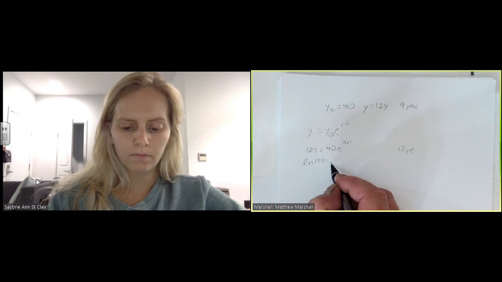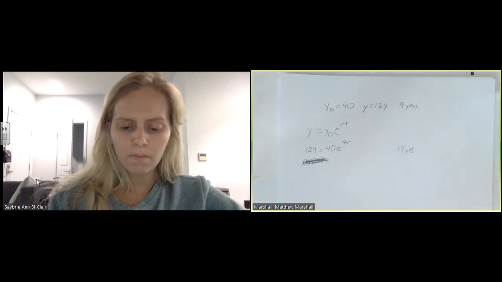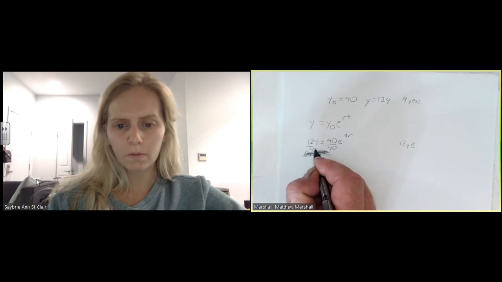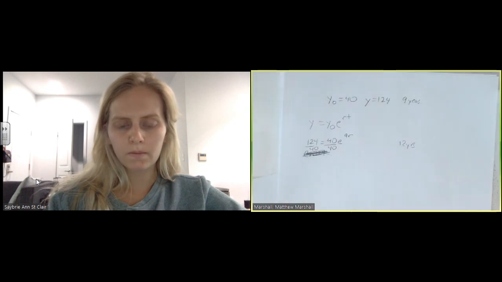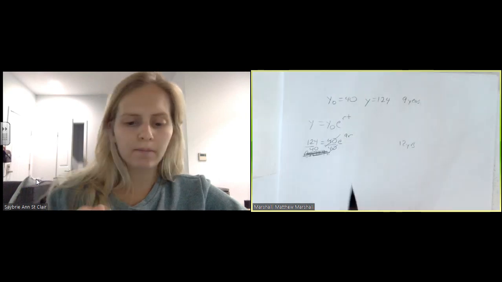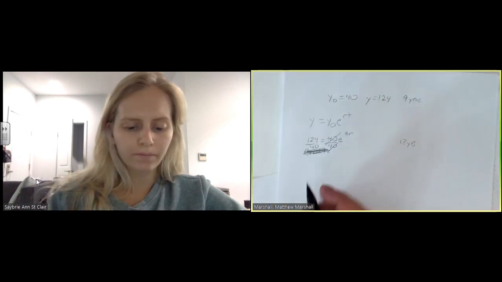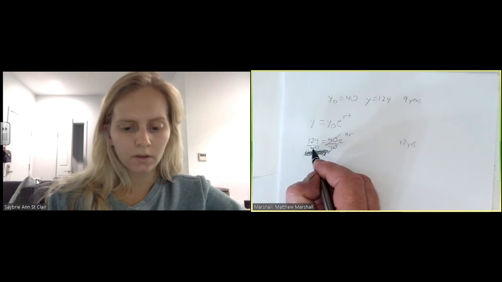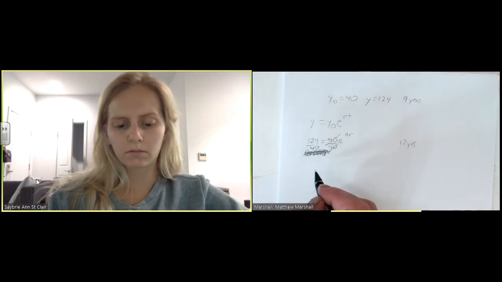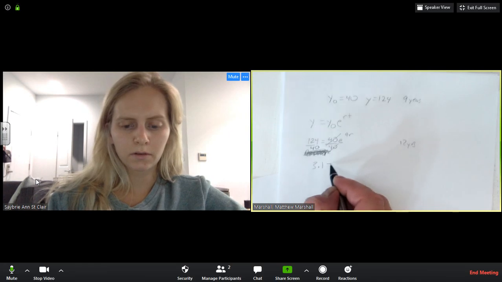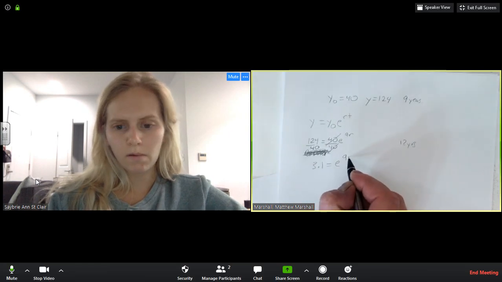Before I do that, I'm going to divide by 40. Can you do 124 divided by 40 in your calculator? 3.1. So that gives me 3.1 equals e to the 9r power.